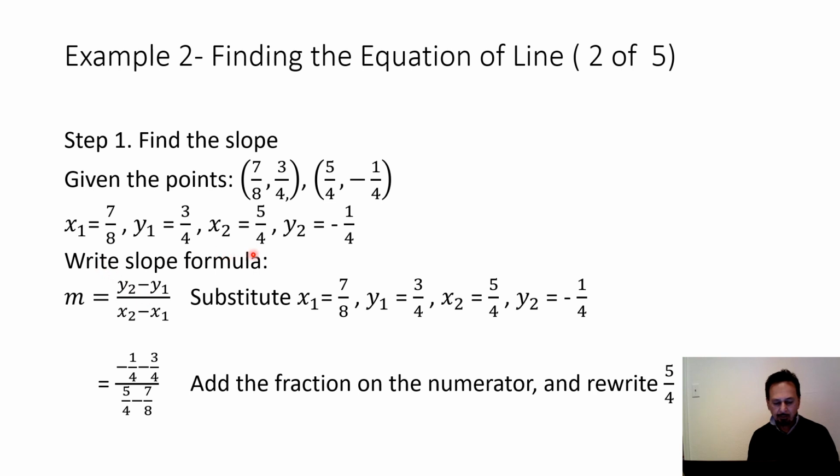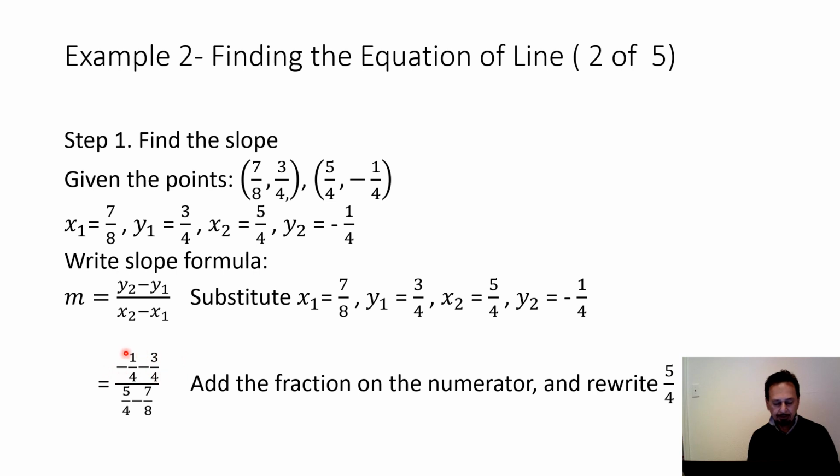So let's write the slope formula, m equal to y2 minus y1 over x2 minus x1. Let's substitute: y2 is -1/4, y1 is 3/4, x2 is 5/4, and x1 is 7/8.